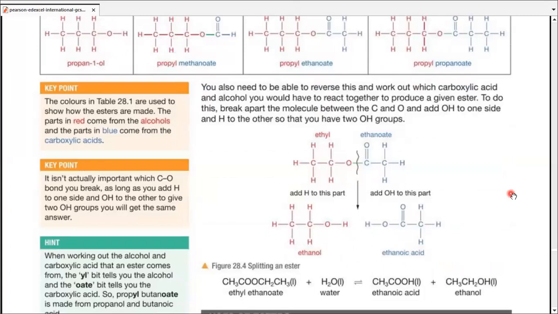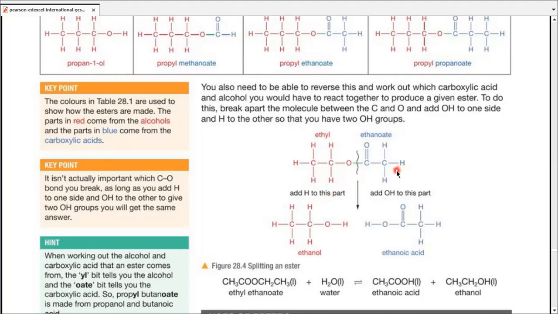Moving forward, you should always be able to reverse this, which means we can break down the ester, ethyl ethanoate, or any other ester for that matter, and you should be able to add the atoms to it. As we were removing only H from ethyl, when you're going with the reversal, you're supposed to add H back to this.